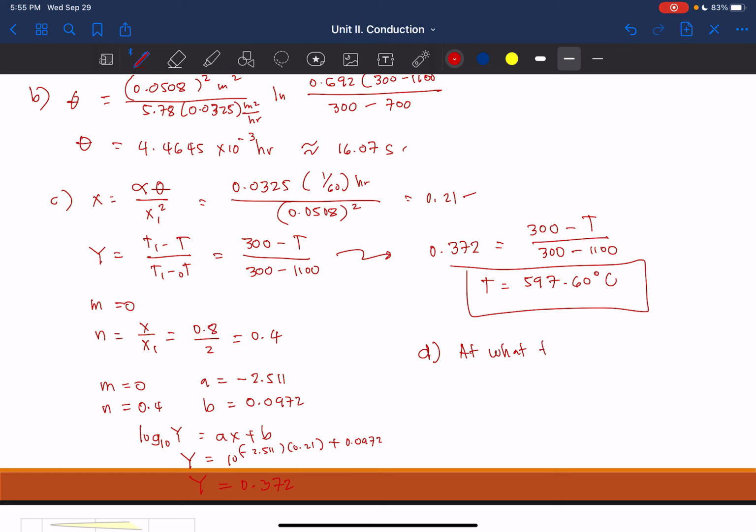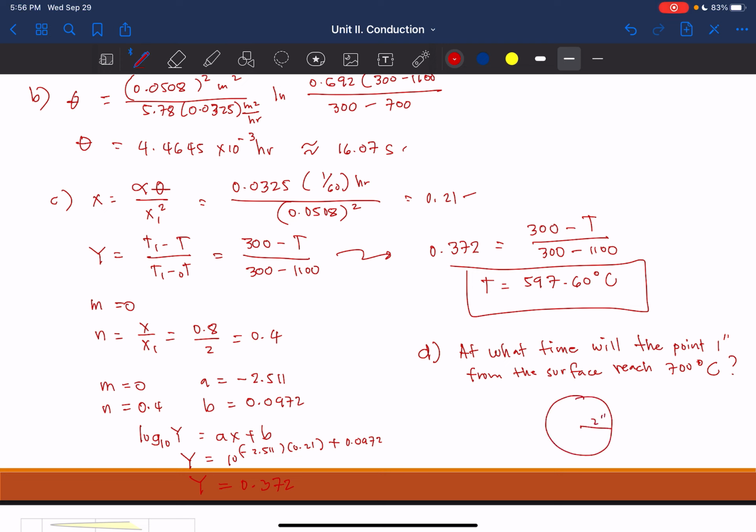At what time will the 0.1 inches from the surface area reach 700 degrees C. So it's like you have here your x1, right, 2 inches.